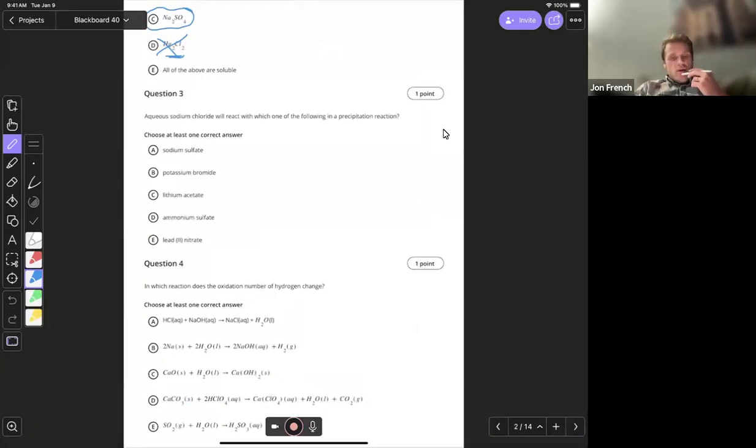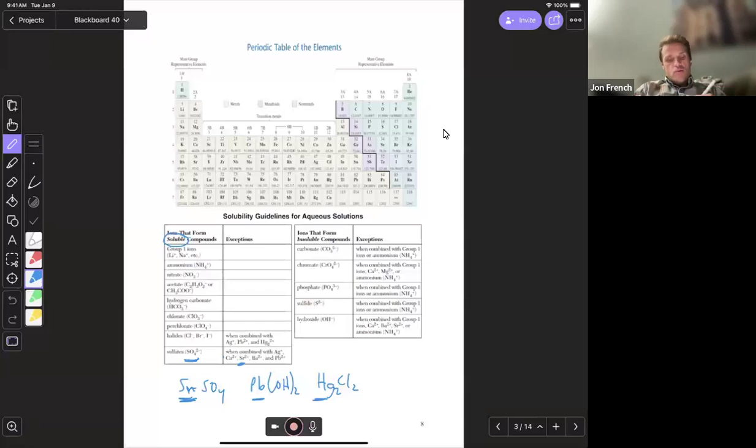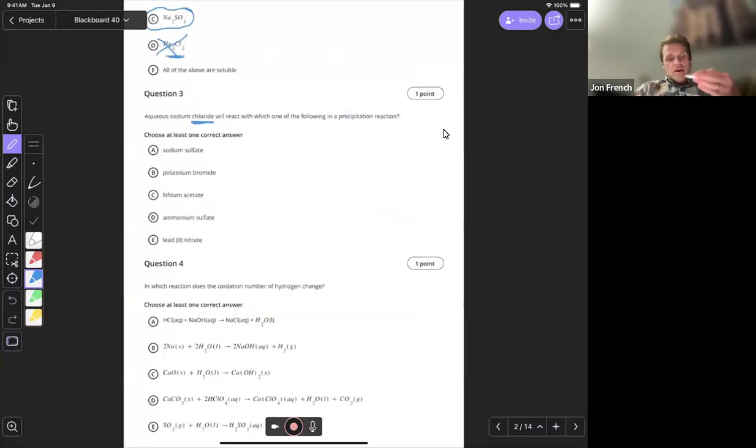All right, question 3, aqueous sodium chloride will react with which of the following in a precipitation reaction? So we want to look for chloride. Chloride would precipitate with silver, lead, or mercury in solution. So that should be pretty straightforward. We're going to look for something that has silver, mercury, or lead.